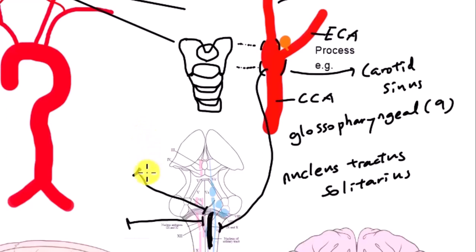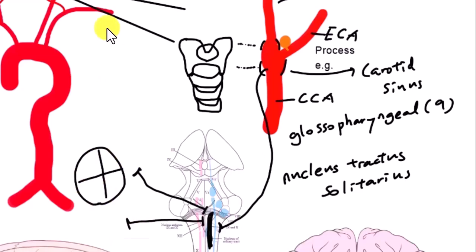The sympathetic nervous system, like I said, is modulated, and parasympathetic nervous system is also modulated by the nucleus tractus solitarius. In this case, for the heart, vagus nerve is modulated. So I'll draw a little heart here with 4 chambers.